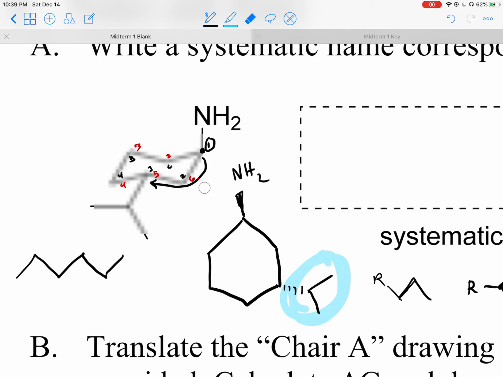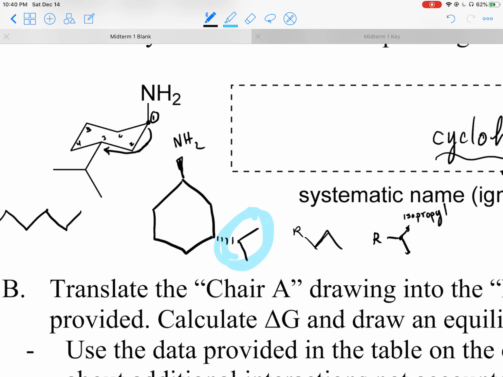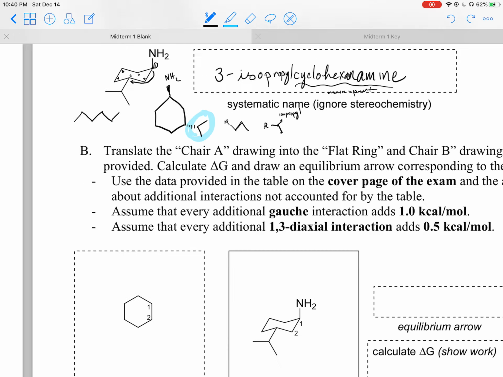We want to go around so that the isopropyl has the lowest number while still making the carbon attached to the amine number 1. So that's going to be 3-isopropylcyclohexanamine. So the 3 represents where the isopropyl is, and the cyclohexanamine is the main chain.